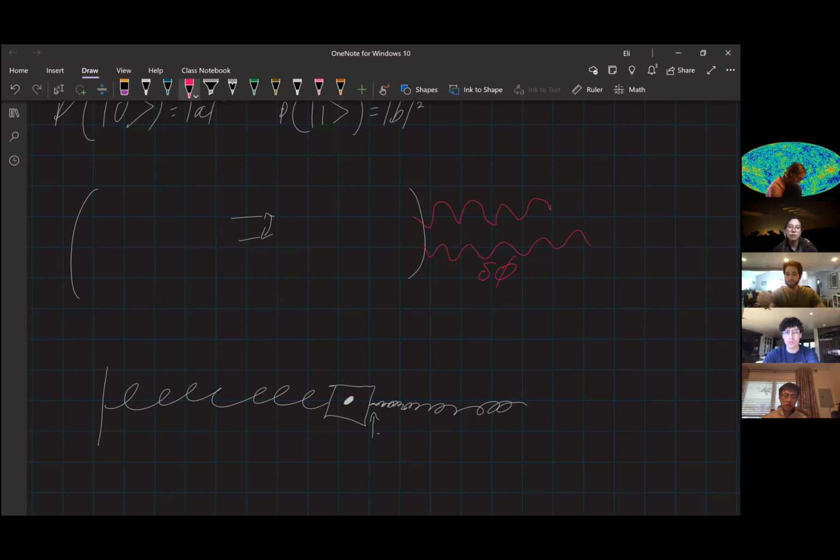And that amount of delay depends on the difference of the frequency of the probe, omega probe, and the frequency of the cavity, omega c. But the cavity frequency is a function of the qubit state.